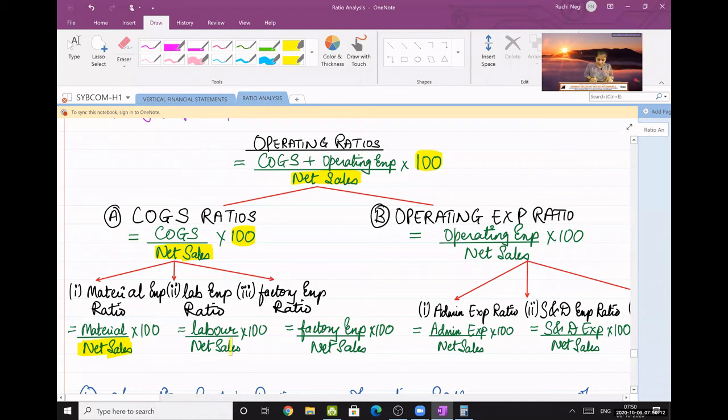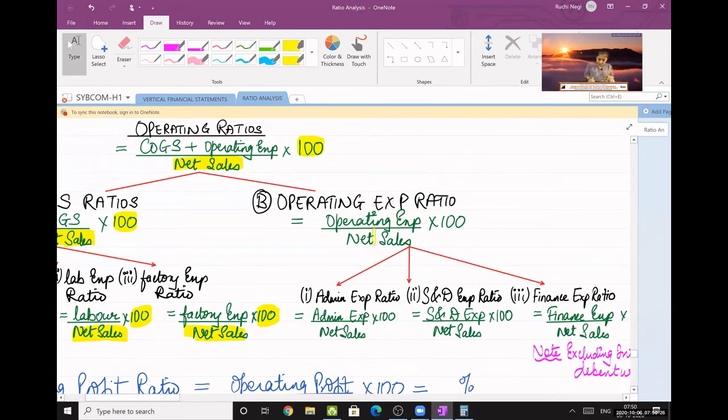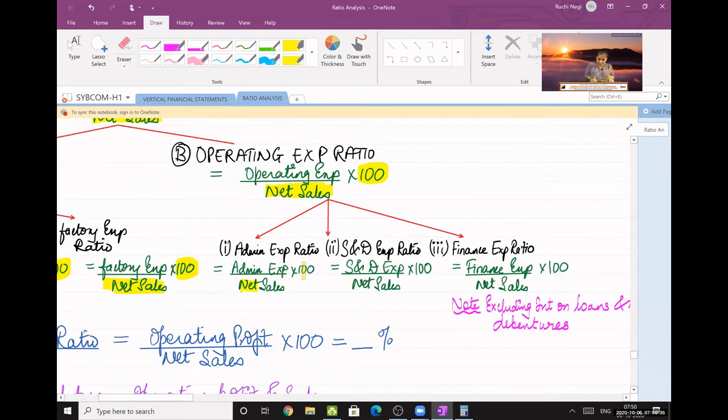Accordingly, if it is labor, you will calculate labor; if it is factory expense, then factory expense is in the numerator. Then operating expense ratio, net sales into 100. Admin expense, net sales into 100. Everywhere, net sales into 100. Just remember this, and the numerator keeps changing depending on what you're calculating.